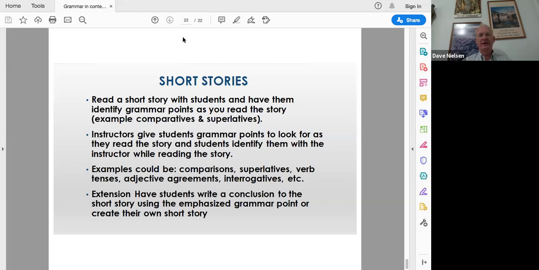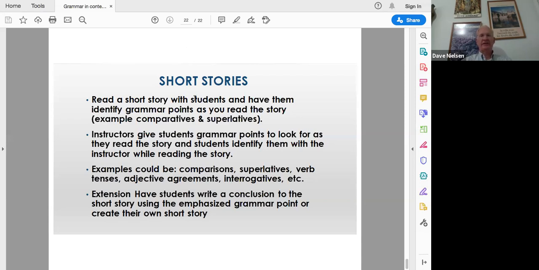Examples could be comparisons, superlatives, verb tenses, adjective agreements, interrogatives, etc. And then an extension activity is to have the students write a conclusion to the short story using the emphasized grammar point or create their own short story.